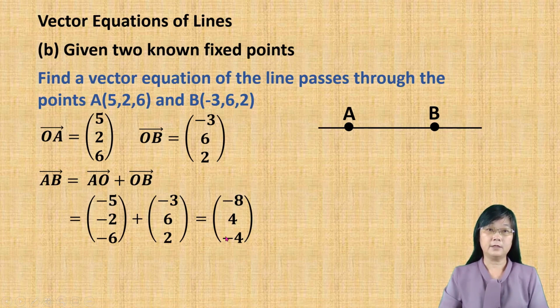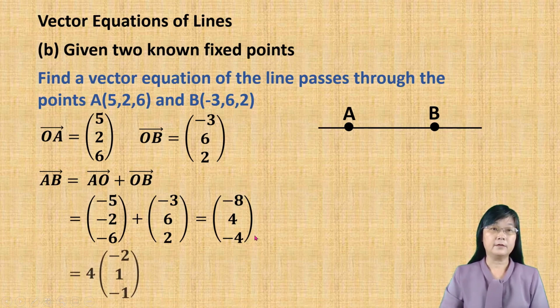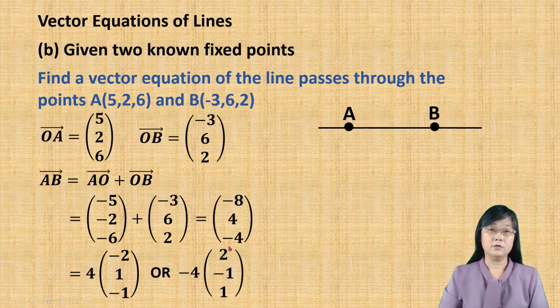So this direction vector is not in the simplest form. It means we can factorize 4 out from the vector to get the simplest direction vector, that is negative 2, 1, and negative 1. Or we can also factorize negative 4, so that the direction vector is 2, negative 1, and 1.